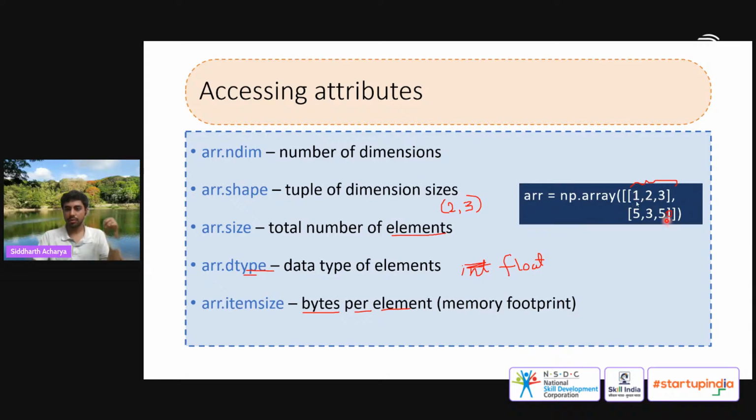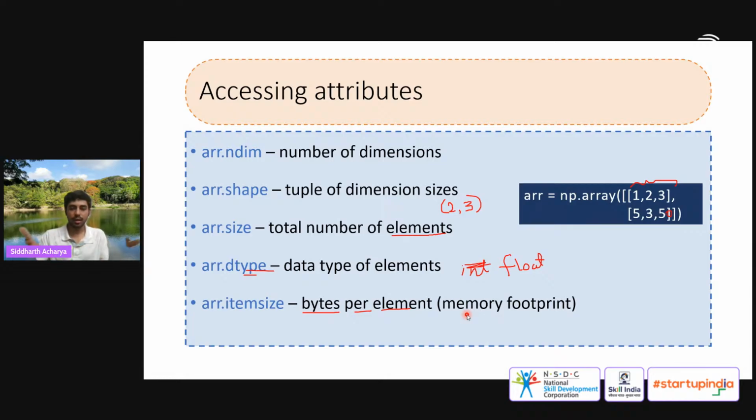We have about 6 such integers, so 6 times 32, which is 192. So this would be a 192-length binary sequence, this entire array. The memory footprint would be 192 bits, or if we divide it by 8, around 24 bytes.